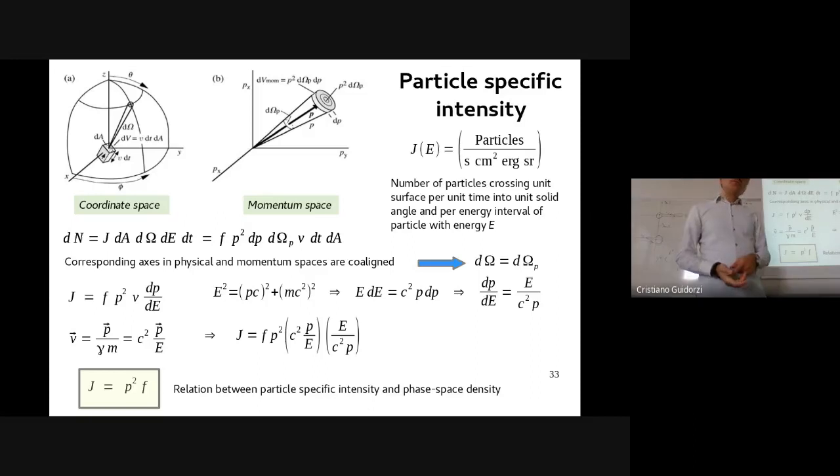This is going to be useful for several reasons that we will see in a moment. Whenever you have something as a function of a Lorentz invariant quantity, and f is indeed a Lorentz invariant quantity, this can be very useful for the consequences. The more Lorentz invariant quantities you deal with, the easier your life can be.